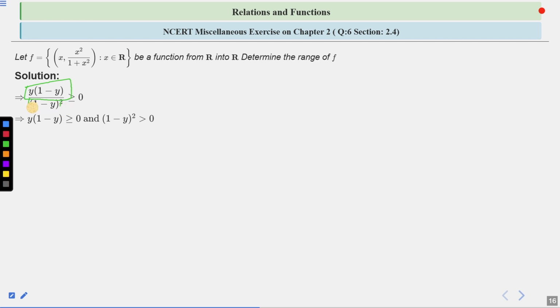Why? Because denominator doesn't play any role here. So y times 1 minus y must be greater than equals to 0 in order to get this whole expression non-negative. Now for what values of y is this expression going to be greater than equals to 0? Quite simple. When y is greater than equals to 0 and less than equals to 1. Clear?